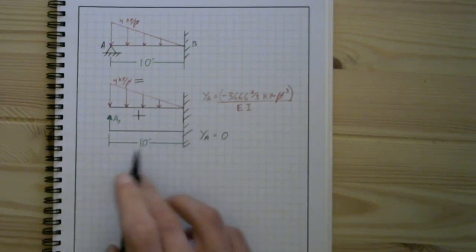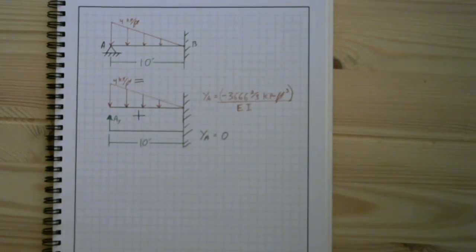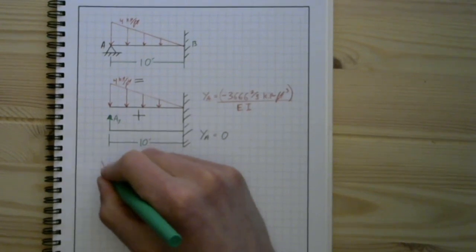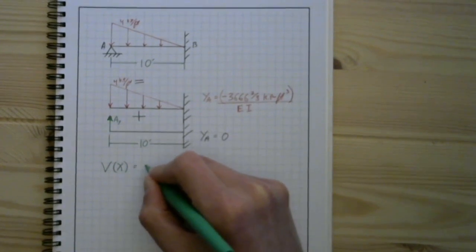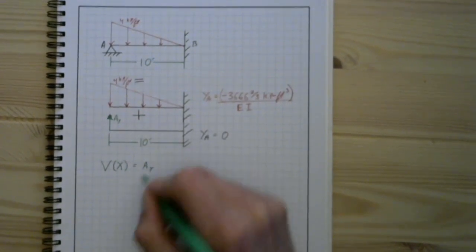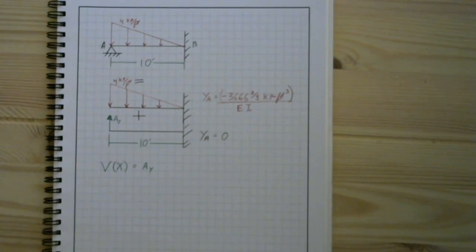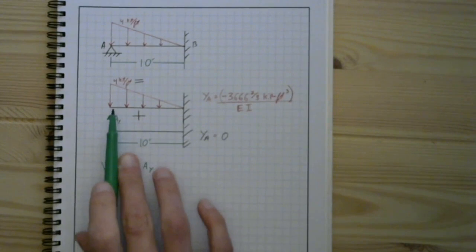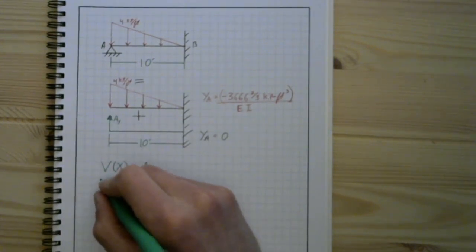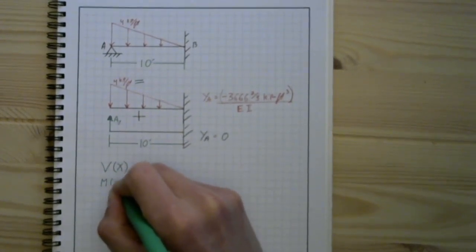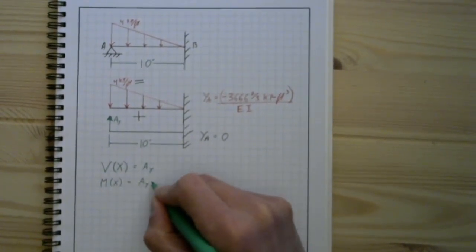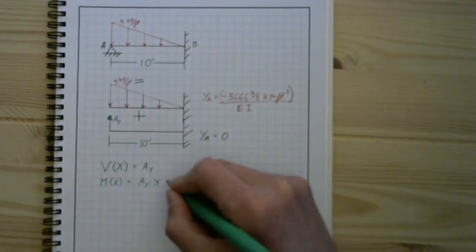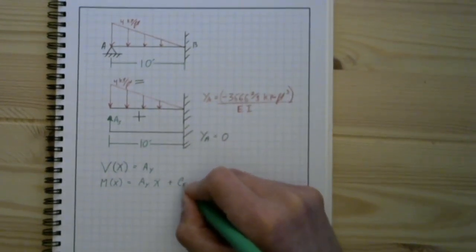So when we're looking at this system, we can sort of immediately have our shear. It's going to be a constant AY. Whatever the reaction is at A, whatever this fictitious force is at A, upward. Our moment is the integral of that. It's going to be AY times X plus some constant of integration C5.